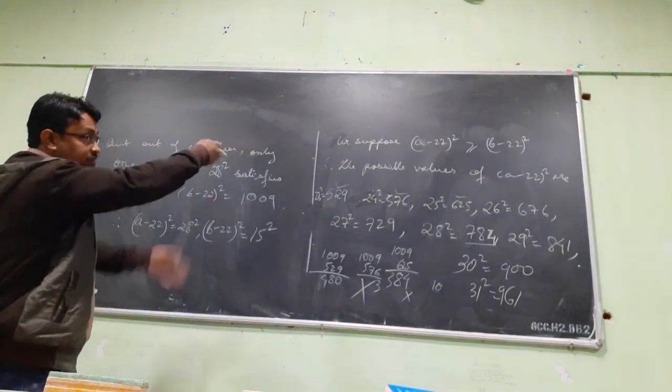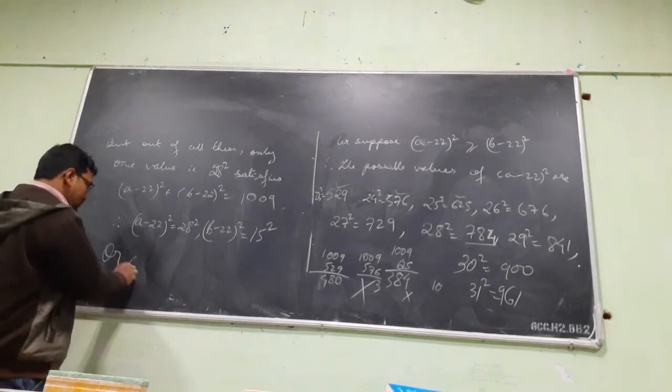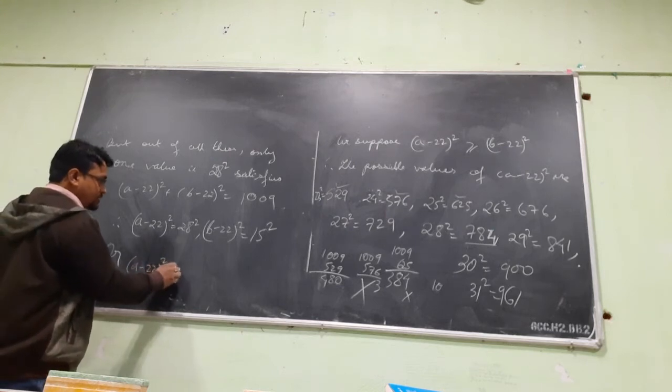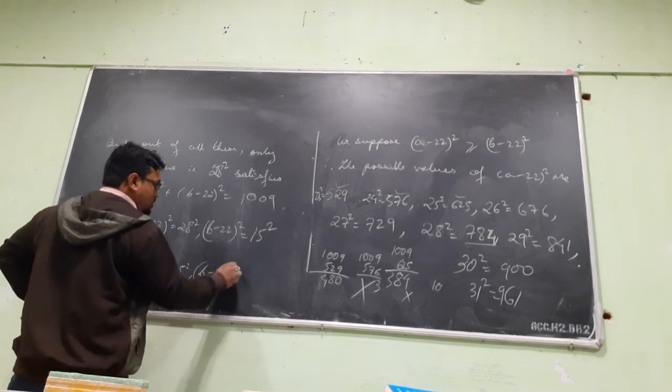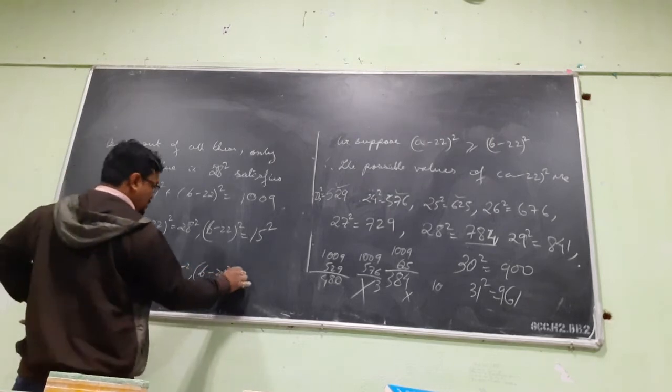If we suppose (b minus 22) is greater, then (a minus 22) square is 15 square and (b minus 22) square is 28 square.